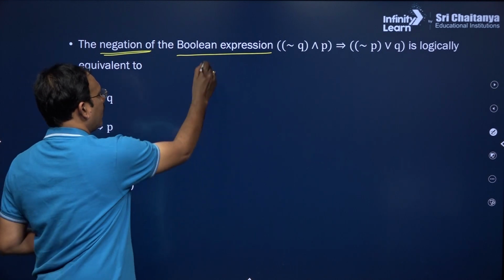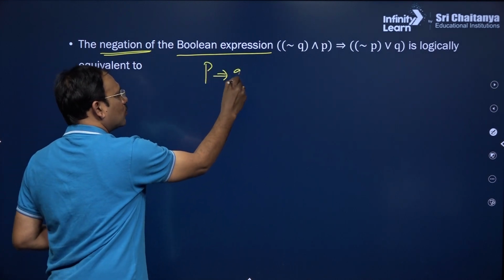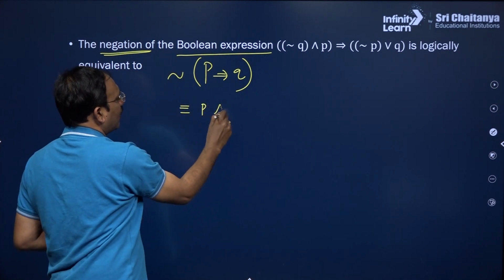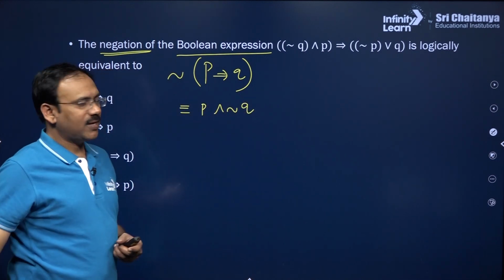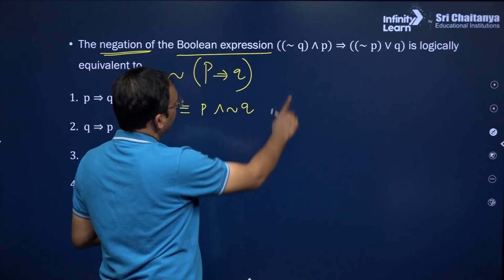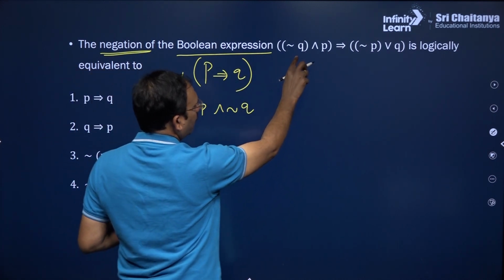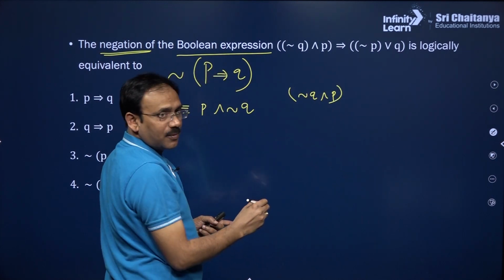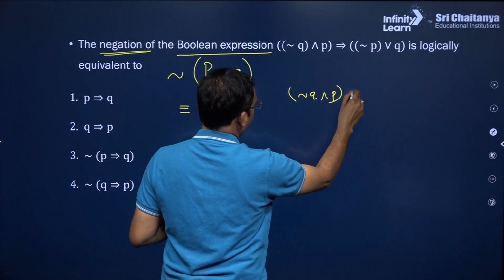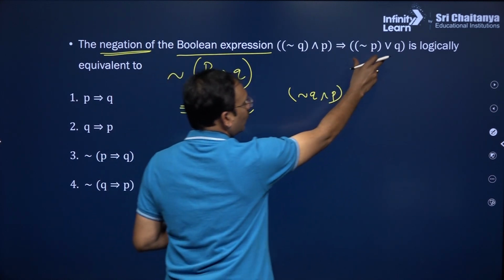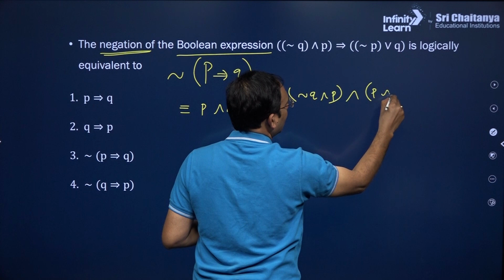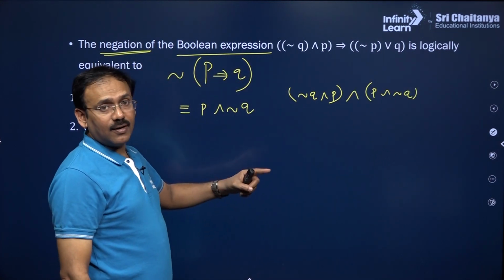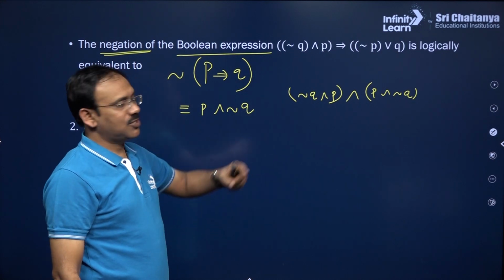You can write the truth table, but I think you know the negation of P implies Q is P and negation Q. This property you might have studied. So, negation of this gives P and negation Q. Am I correct? Negation of P or Q will become negation P and negation Q.